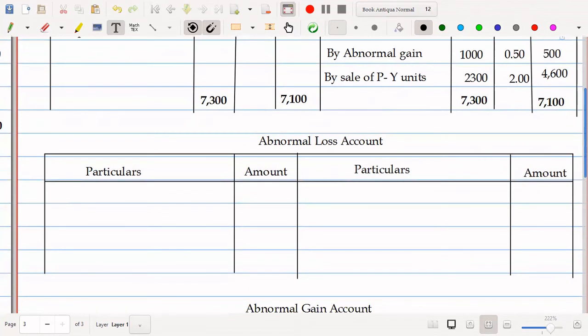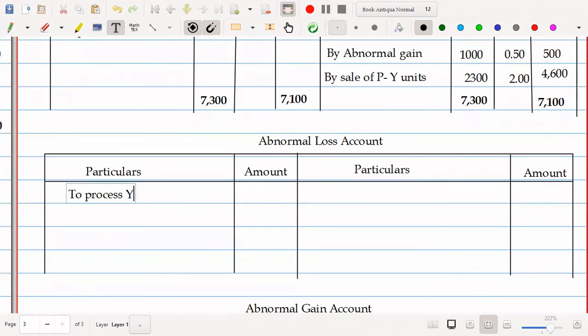Now the abnormal loss account. It was in process Y. In process Y account, abnormal loss was being credited and in the abnormal loss account we have to debit it to process Y. You have to identify whether there is loss or gain.